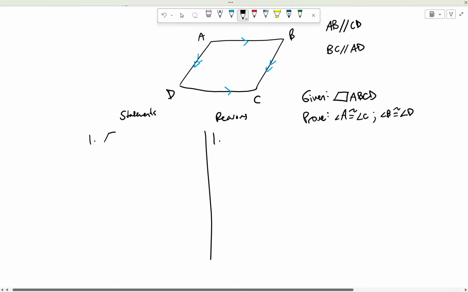So I'm going to start with what was given to me, which was the parallelogram itself, A, B, C, D, right? And because of that, we had these other properties that we deduced, with these opposite sides. So AB, which was parallel to CD, and BC, which is parallel to AD. And remember what we put in the reason side, right?